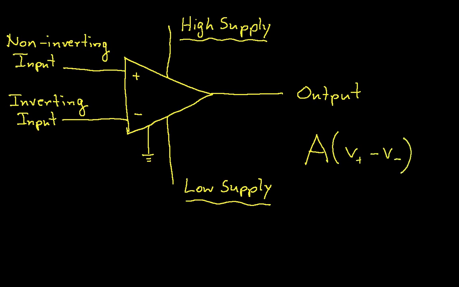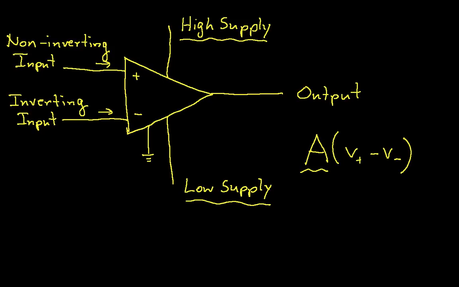Now, op-amps typically have what we call very high input impedance, so the current going into each of these nodes or out of each of these nodes is very low. The gains are usually pretty big, typically somewhere between about 1,000 and 100,000. The output has an internal resistance which is typically very low.